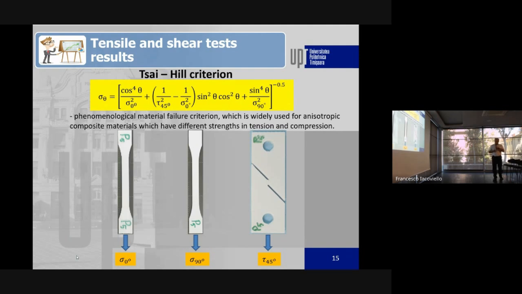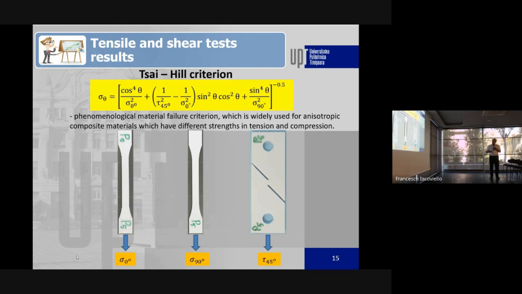What we were trying to do, in order to predict the fracture for any raster orientation, was to apply the tensile criterion, which is a phenomenological material failure criterion widely used for anisotropic composite materials. We have used this for composite materials with a polymeric matrix reinforced with short glass fibers.